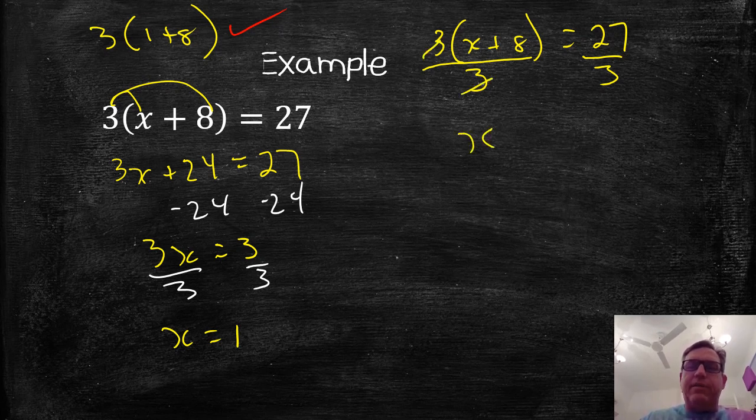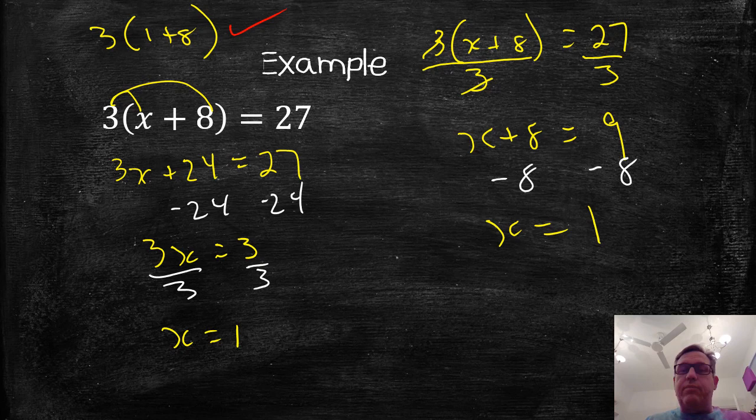So the left side is simply x plus 8 equals, not 27, 9, and I take away 8 from both sides, and x equals 1. So notice this way I could either expand the brackets first, or I could divide by 3 first. Either way, I get the same answer.